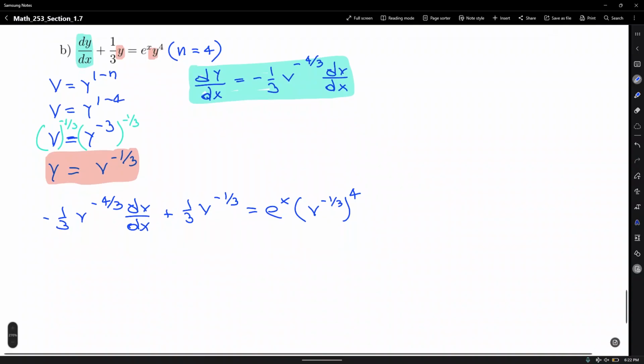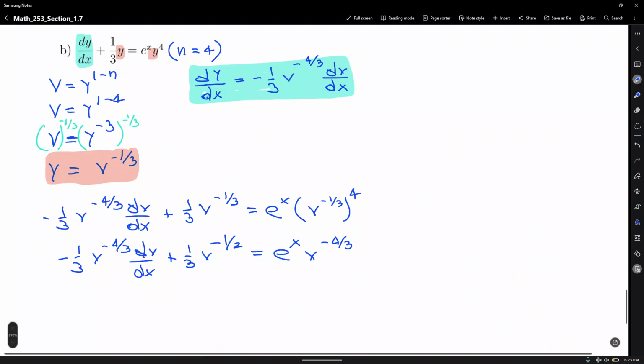Okay, so number one, let me do some cleaning. I'm going to raise the powers here. So that is negative 1/3 v to the negative 4/3 dv/dx plus 1/3, I'm not doing much right here, just the powers, equals e to the x v to the negative 4/3.